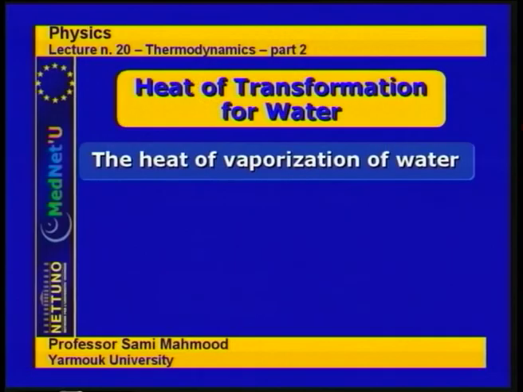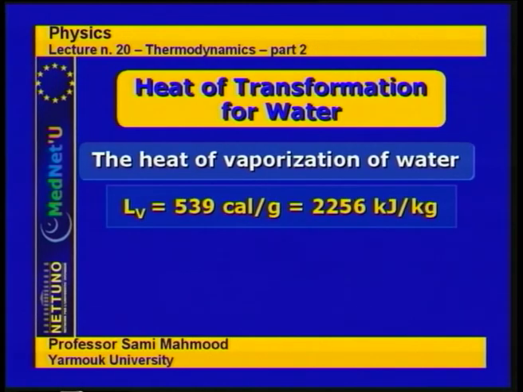And the heats of transformation of water, as an example: the heat of vaporization, L sub V, is equal to 539 calories per gram. Each gram of water needs 539 calories to evaporate at the same temperature of 100 degrees centigrade, which is the temperature of evaporation of the water, or boiling point.